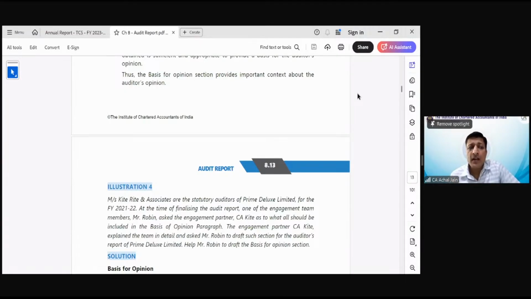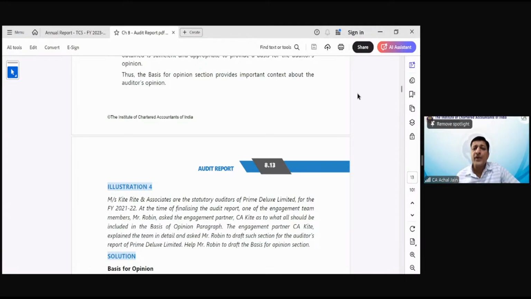Messrs. Kite, Wright and Associates are the statutory auditors of Prime Deluxe Limited for the financial year 21-22. So there's a company, Prime Deluxe Limited.